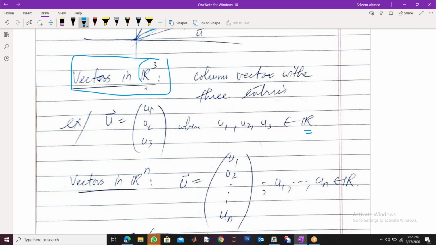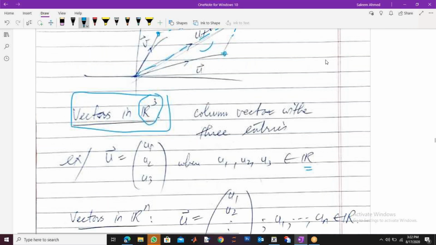Now u1 comes from this axis, u2 from here, and u3 from the third axis, which is your z axis. So this is somewhere in space: u1, then u2, then u3. This is your point (u1, u2, u3).